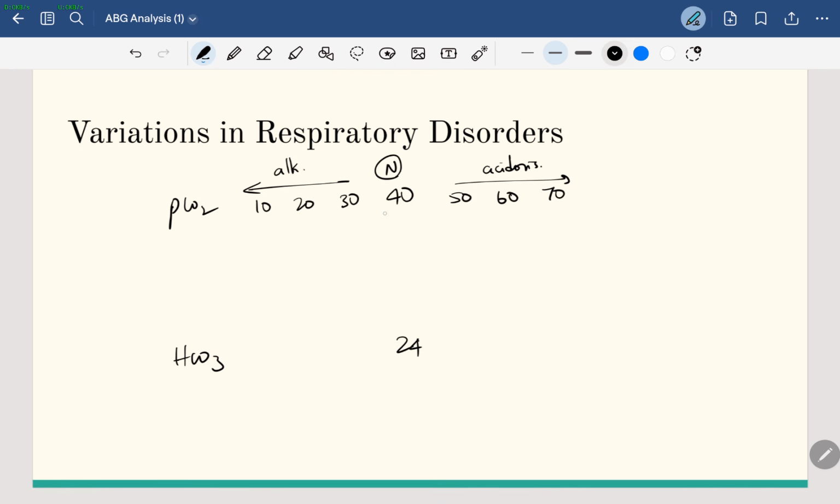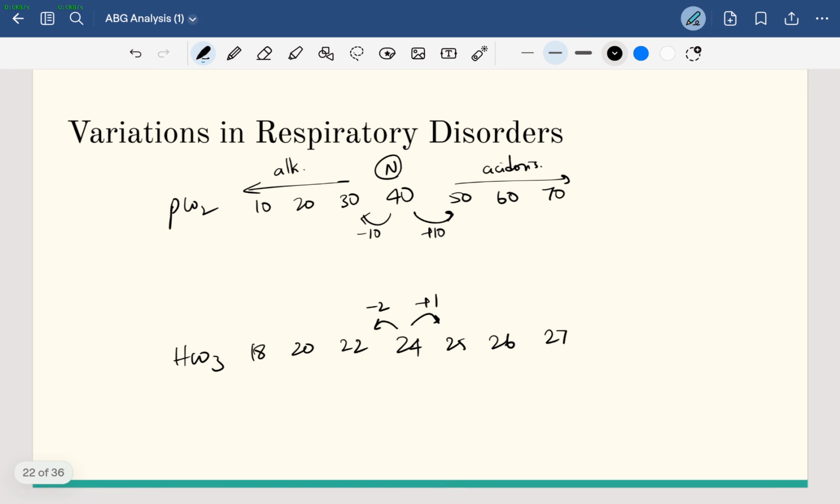With a decrease of 10, the bicarb would also decrease by a multiple of 2. So this would be 22 and 20, 18, and so on. With an increase of 10, the increase is actually in 1. So it would be 25, 26, and 27. This is slightly tricky, so this does require a little bit of revision and practice.